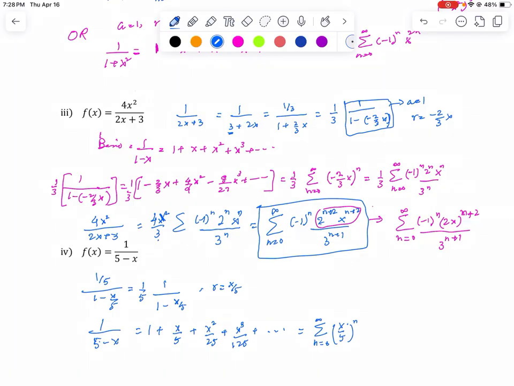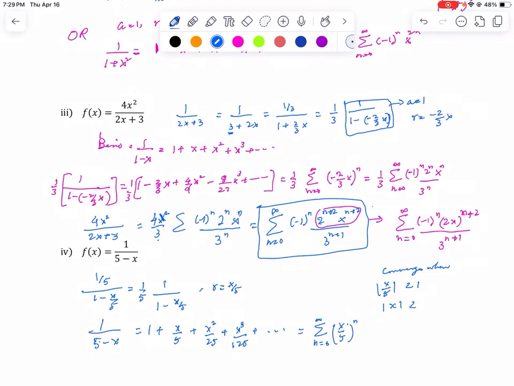So how do we do that? Let's go backwards. Start with this last one. So it converges when, remember, absolute value of r is less than 1. So in our case we have when absolute value of x over 5 is less than 1, or I can say absolute value of x is less than 5.